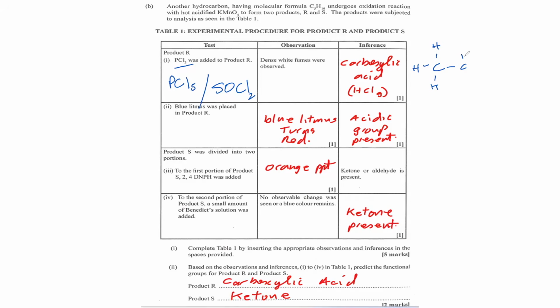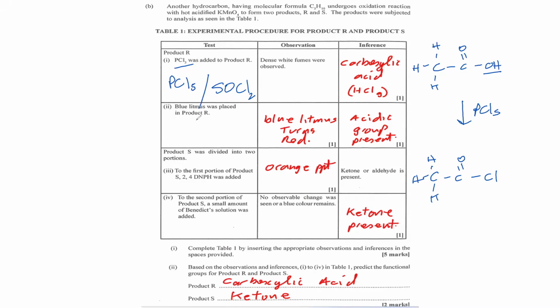So in this case, this is the acid, and the acylating agent is going to cause this OH to be replaced with Cl. And so we form an acyl halide. So the first part is identifying the carboxylic acid present.